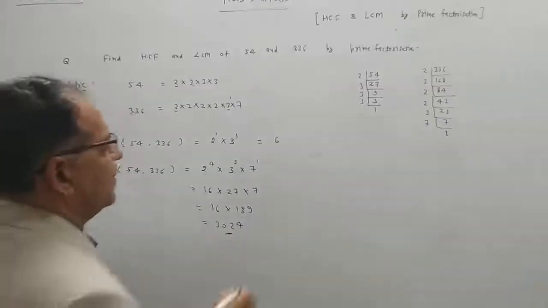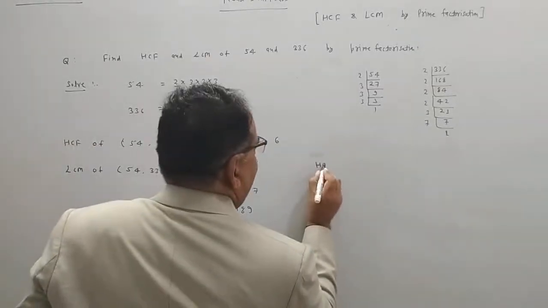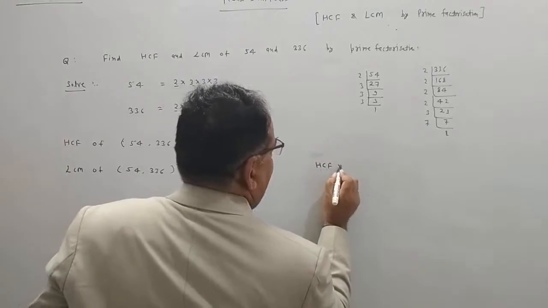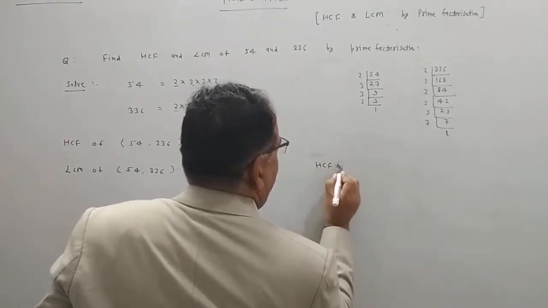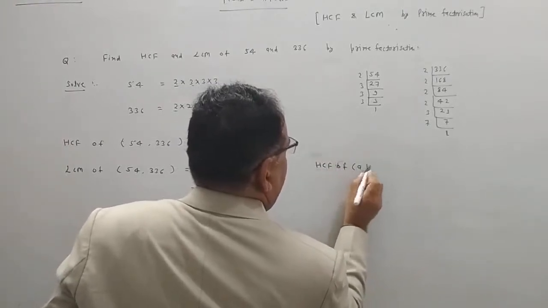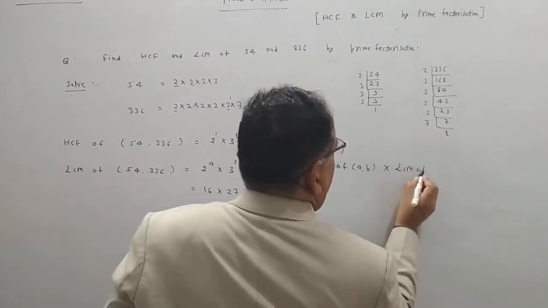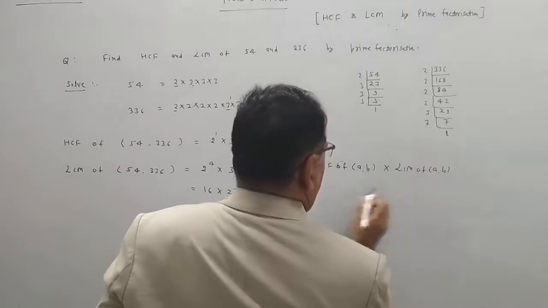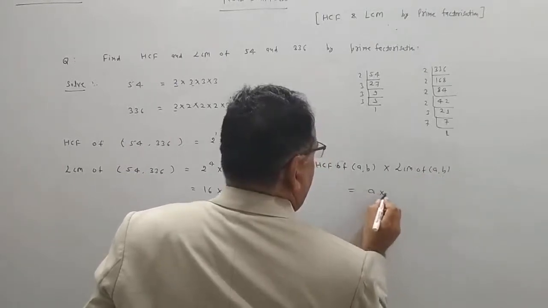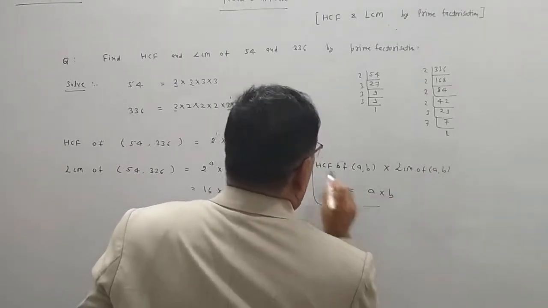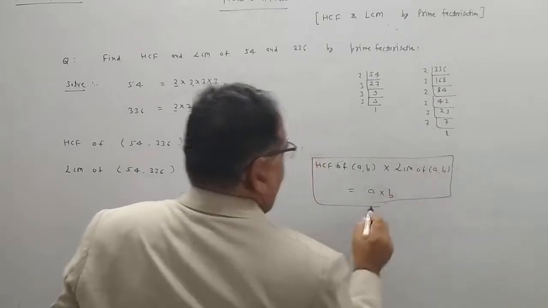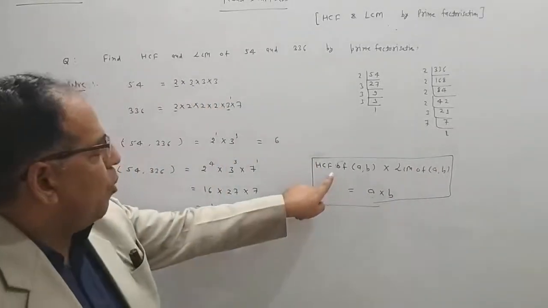Now one more formula is given here. HCF into LCM. HCF of A, B multiplied by LCM of A, B is equal to A into B. This formula is valid for only two numbers.